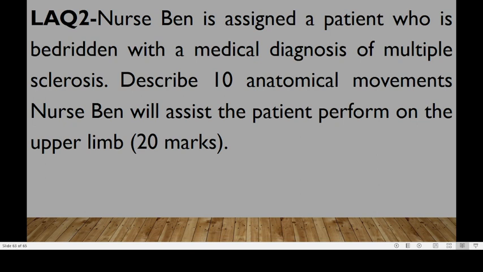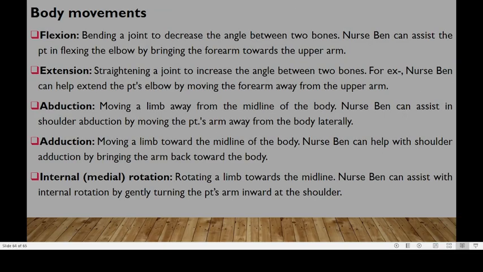The last question was: nurse Ben is assigned to a patient who is bedridden with a medical diagnosis of multiple sclerosis. You are being requested to describe 10 anatomical movements nurse Ben will assist the patient perform on the upper limb. So you could talk of the body movements, like flexion, where nurse Ben can assist the patient in flexing the elbow by bringing the forearm towards the upper arm.